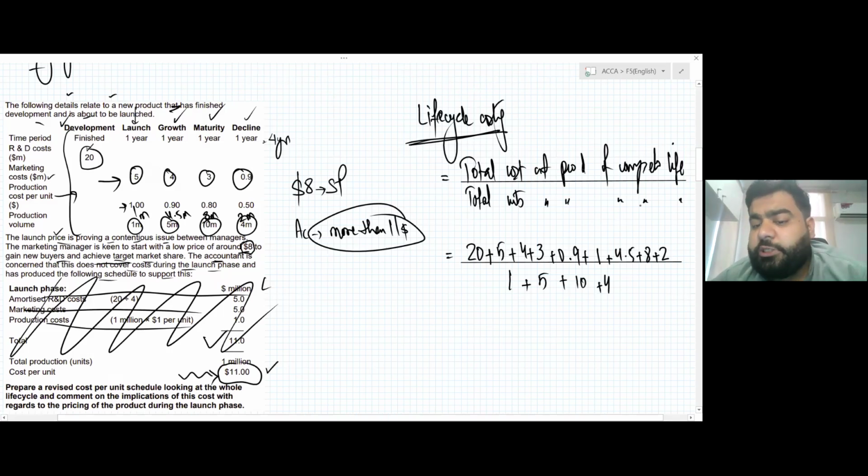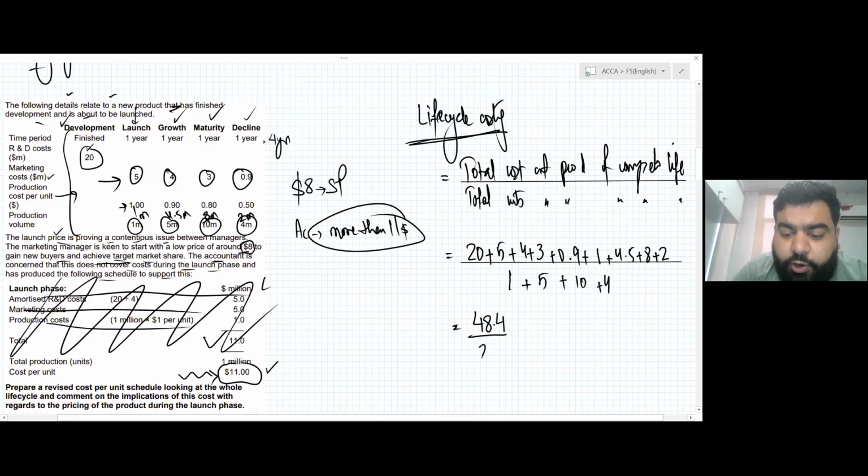20 plus 5 plus 4 plus 3 plus 0.9 plus 1 plus 4.5 plus 8 plus 2 gives 48.4, the complete cost. Divided by units: 1 plus 5 plus 10 plus 4 is 20. We will make 20 million units.